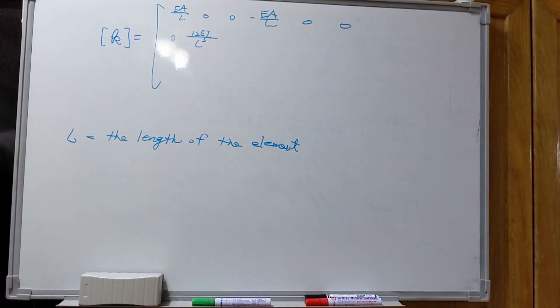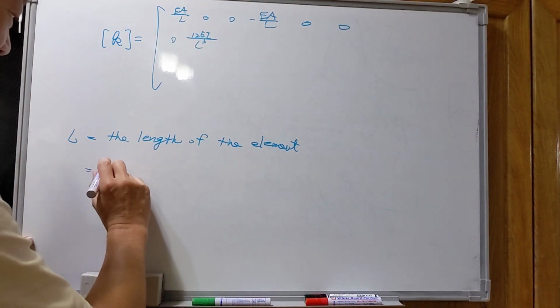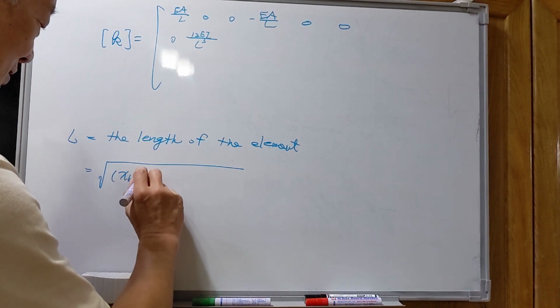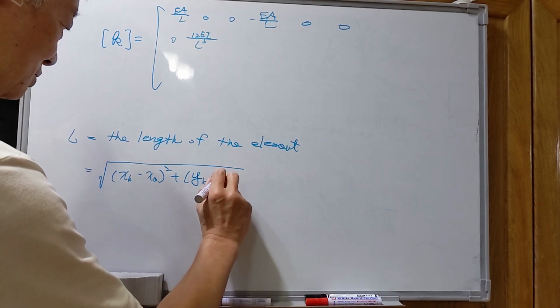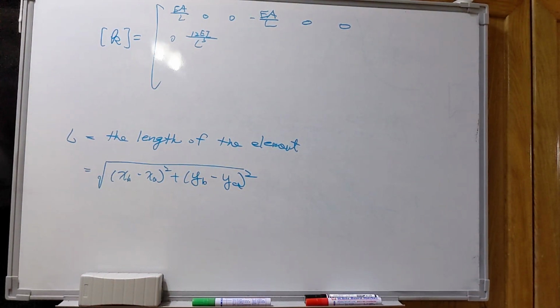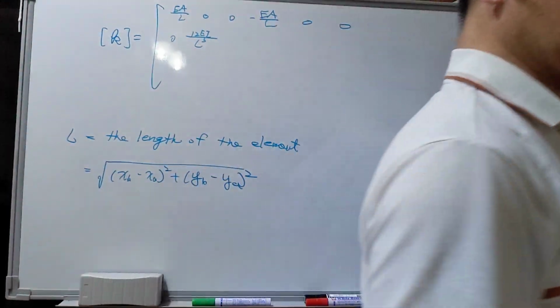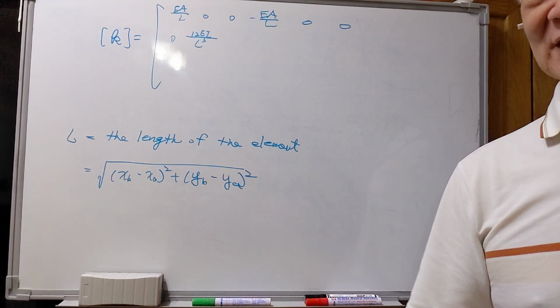In the previous derivations, it is the square root of (xb minus xa) squared plus (yb minus ya) squared. So we can calculate the length of the element from the input nodal coordinates.